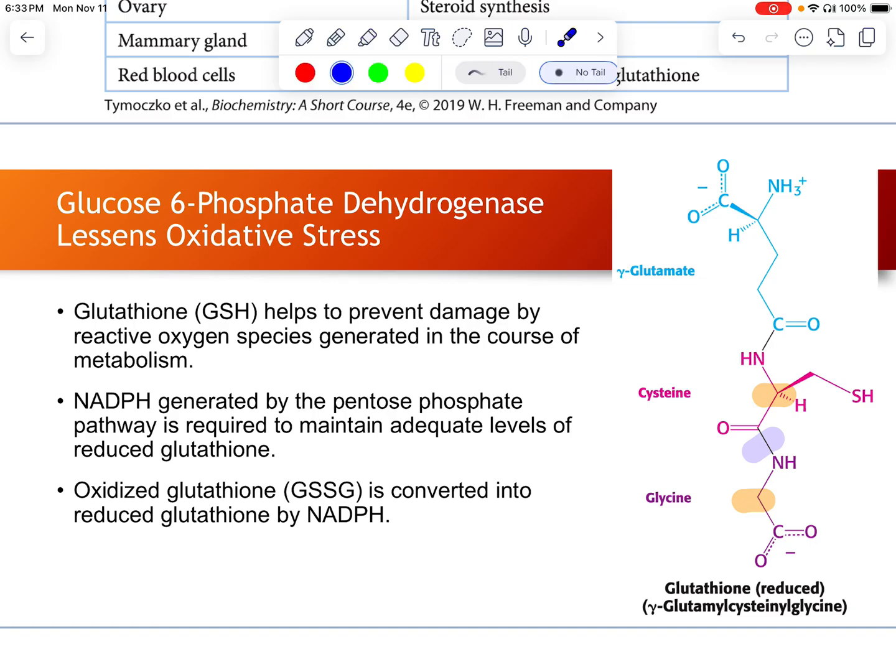But then if you come up here, it looks a little weird. That's because the second peptide bond is actually not made with the alpha carbon, but instead between the R side chain. So the peptide bond between the glutamate and the cysteine is done with that R side chain of the glutamate. All right, so it's a little bit different.